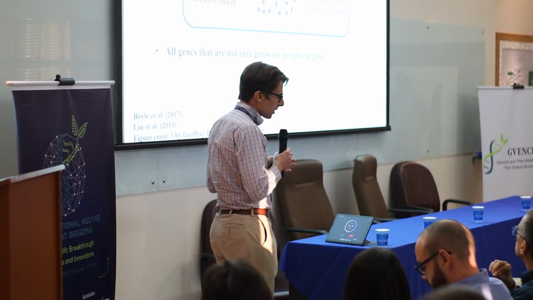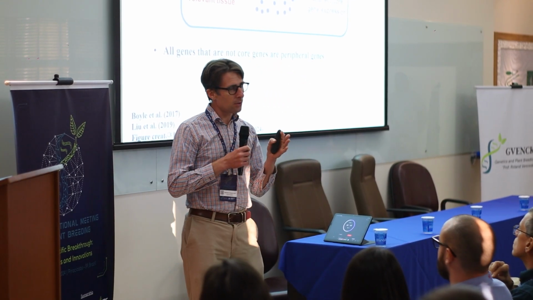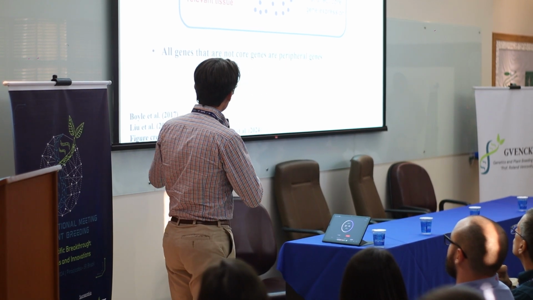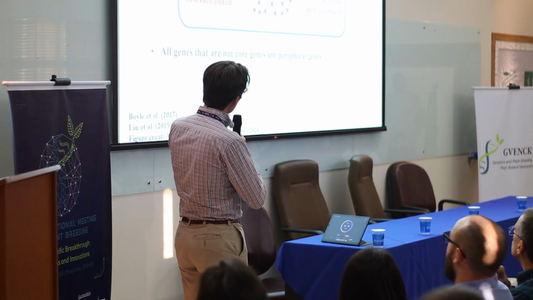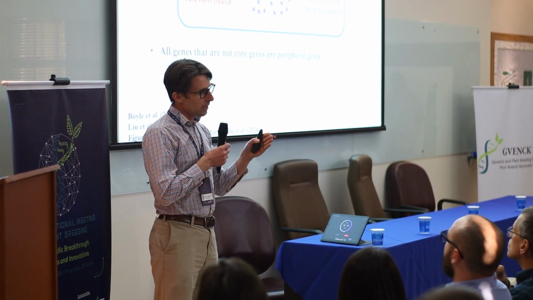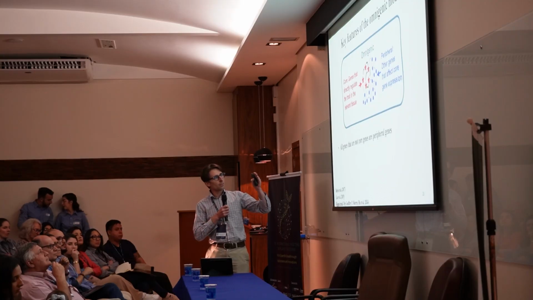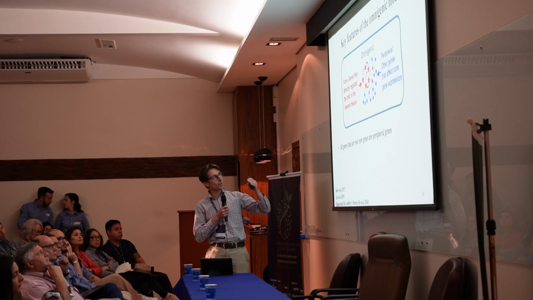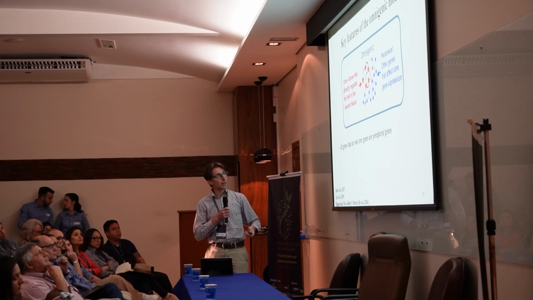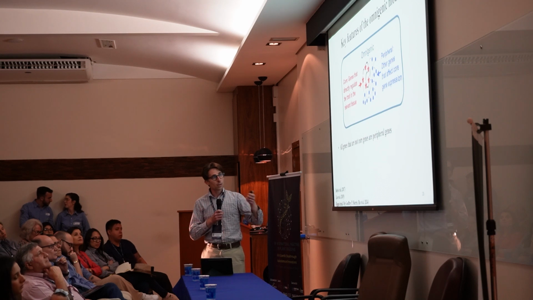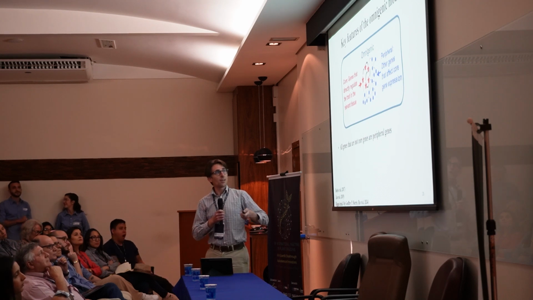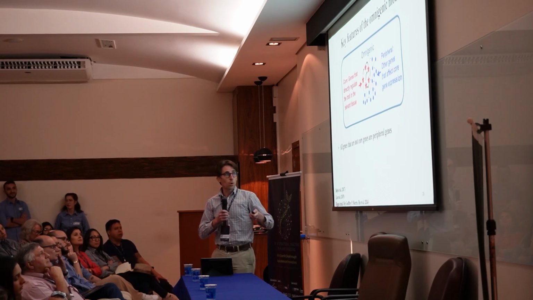So basically what it says is this: if you consider a particular tissue, all of the genes contribute to the genetic architecture of your trait, but all of these genes are subdivided into two bins. You have your core genes that directly regulate the trait, and then all the rest are peripheral genes that affect core gene expression.